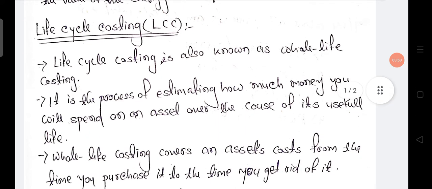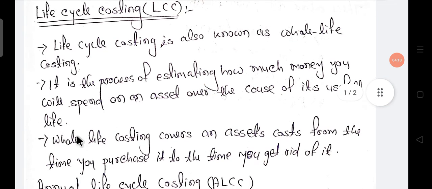The second term is life cycle costing, LCC. Life cycle costing is also known as whole life costing. It is the process of estimating how much money you will spend on an asset over the course of its useful life. Let's say you buy a machine.